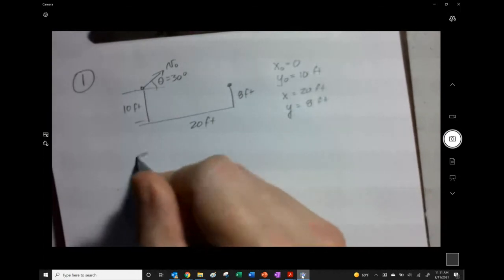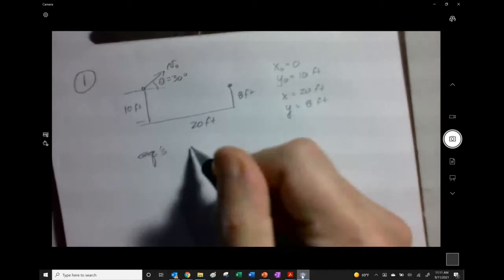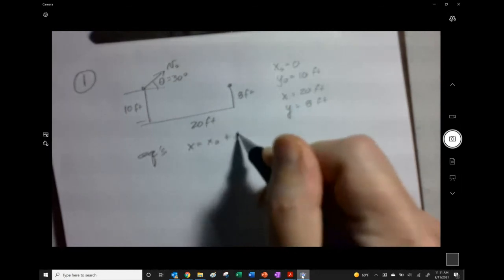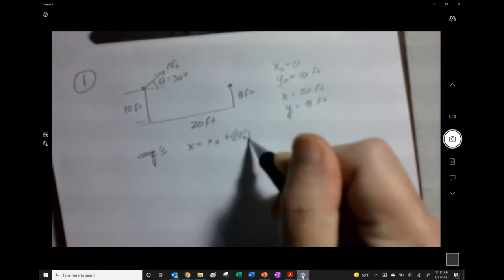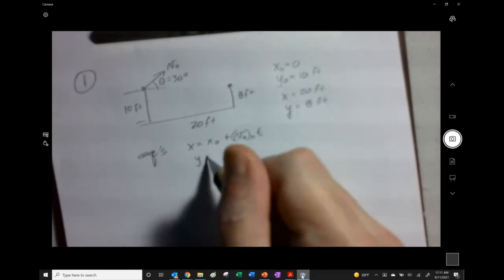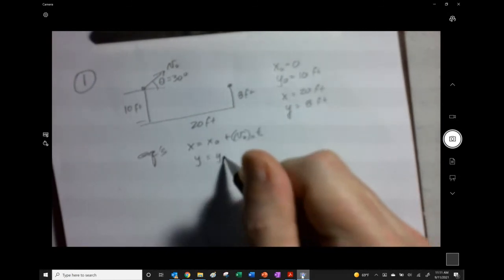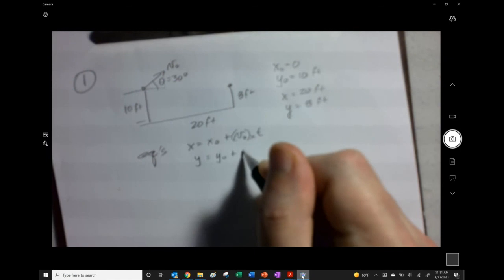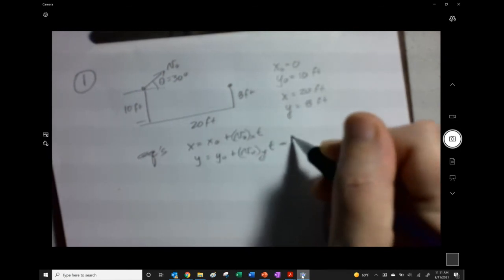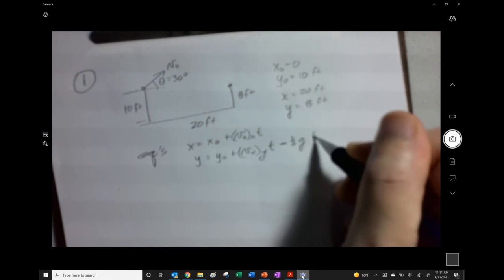So the equations that we're going to want to use: X is equal to X naught plus V0X times T, and Y is equal to Y0 plus V naught Y times T minus 1/2 g t squared.